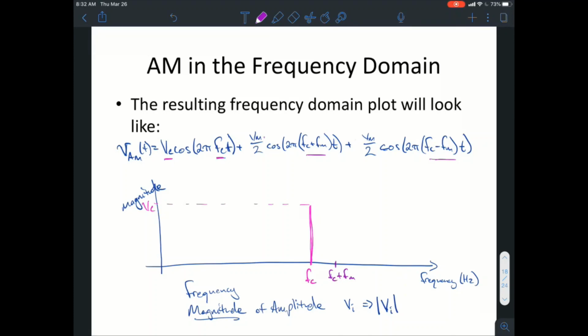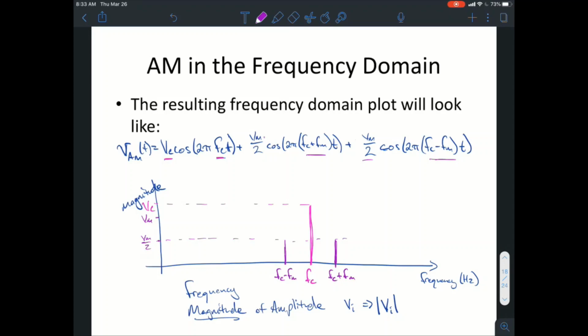And now if our v sub m were right here, we need v sub m over 2. So this is where our v sub m over 2 is going to end up. Draw that across, and now we just make our spike right there. And then we're going to do a similar thing for our lower frequency, where we bring it down to the left hand side, and we'll say that this is f sub c minus f sub m, and we just bring that spike up to that line again. And that's going to be how we build this.